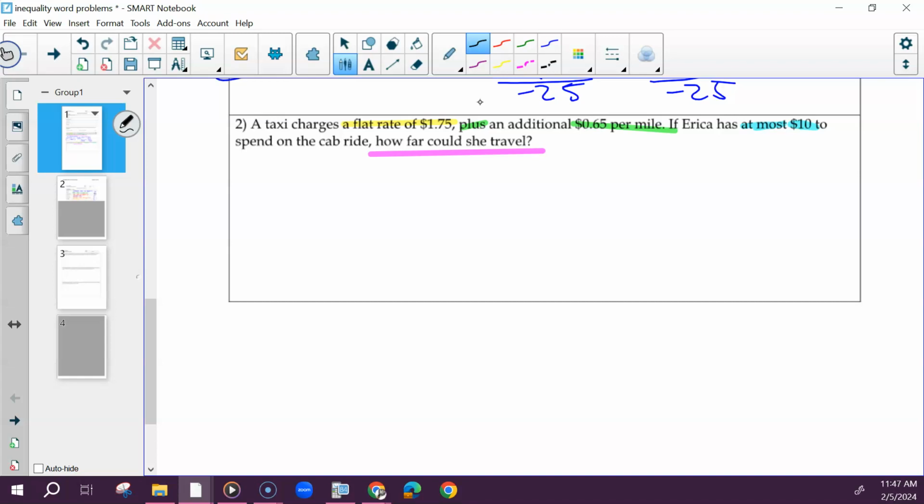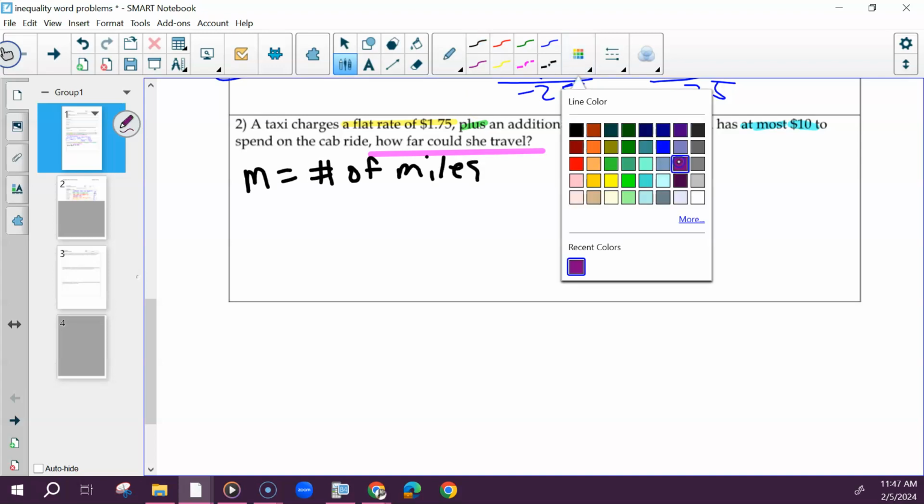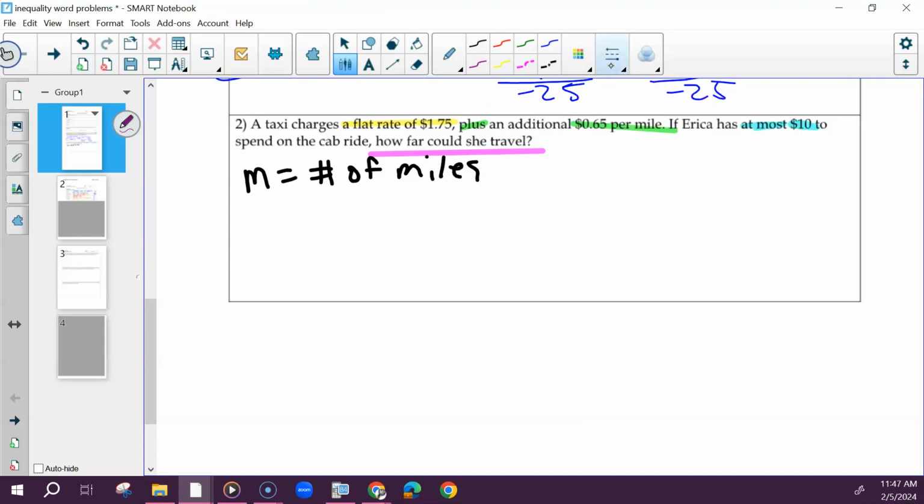So we can call that M for number of miles. From when we did work from the very first time, a flat rate is a one-time fee. You get charged that no matter how far they actually go.